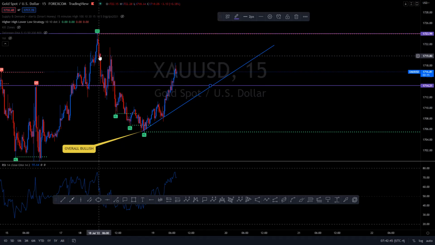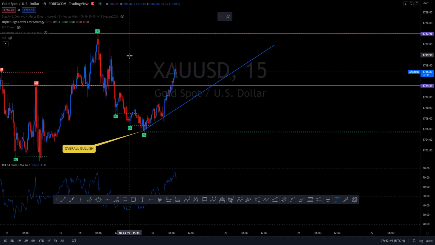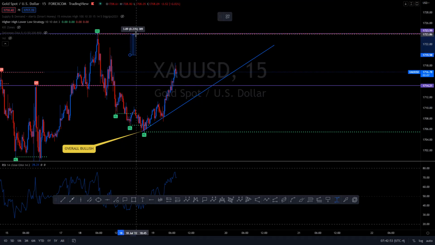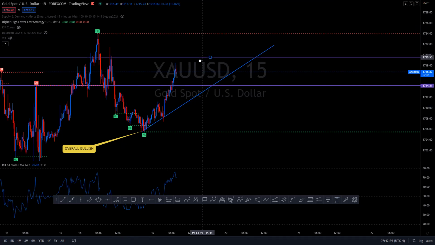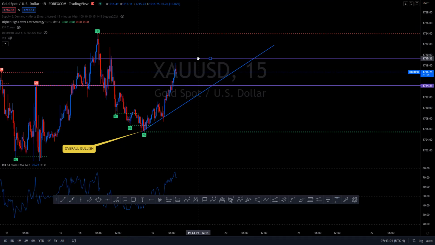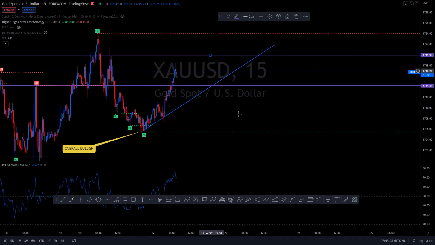Now, honestly, I probably might put my break and retest for the buy maybe here instead. Because if price buys up and goes all the way up to this zone, then this is going to be a good amount. So I'm going to put my break and retest, say right here.